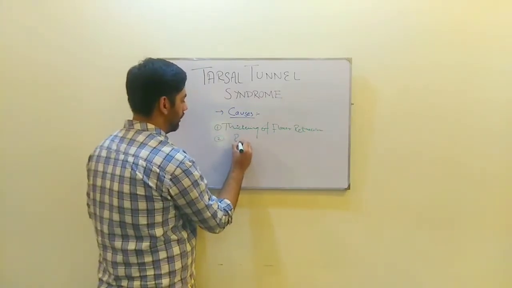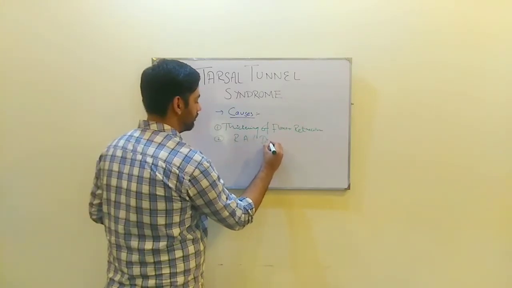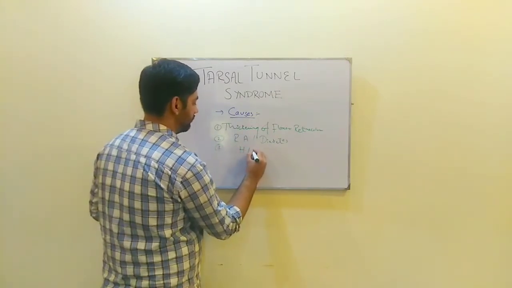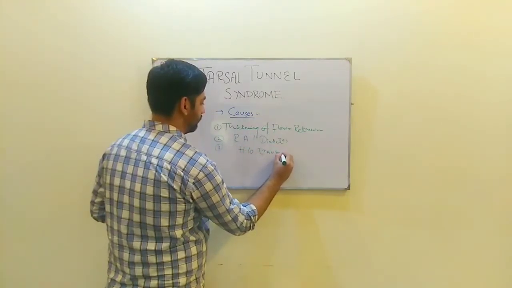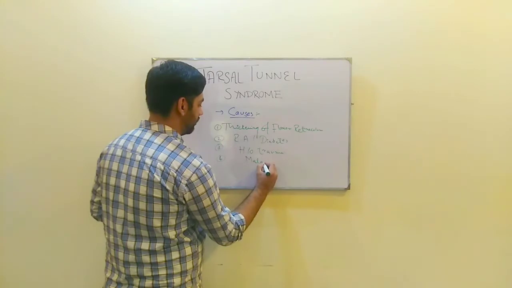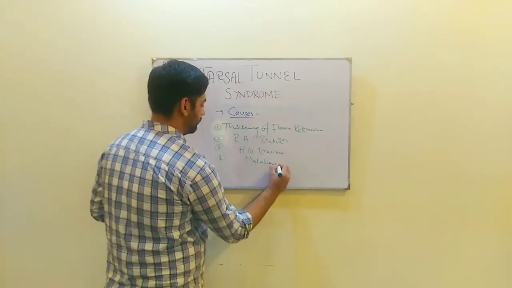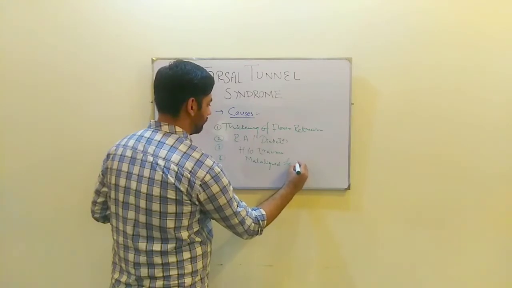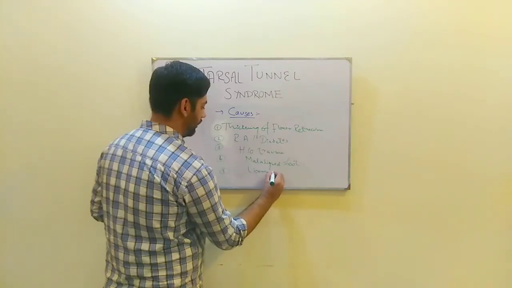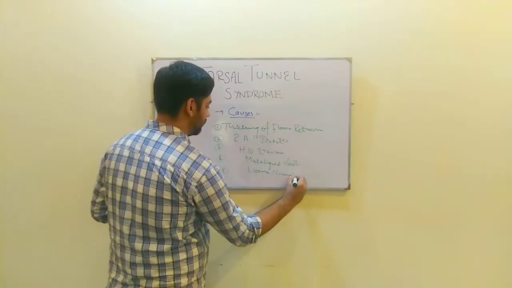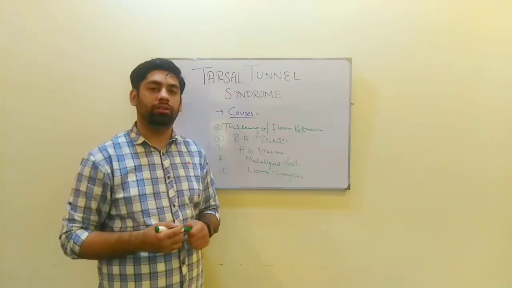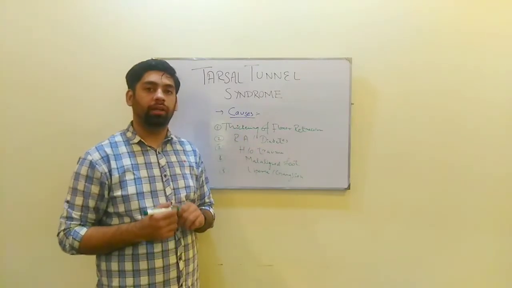Other causes can include RA or diabetes, any history of trauma, malaligned foot, or any lipoma or ganglion. So these are the 5 major causes due to which tarsal tunnel syndrome can occur.